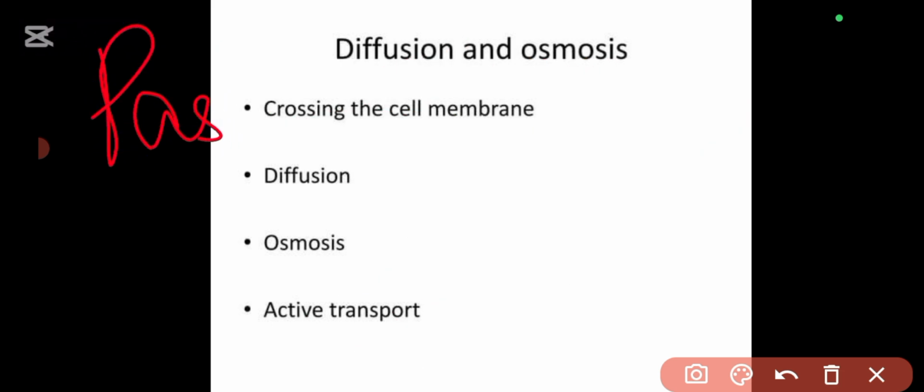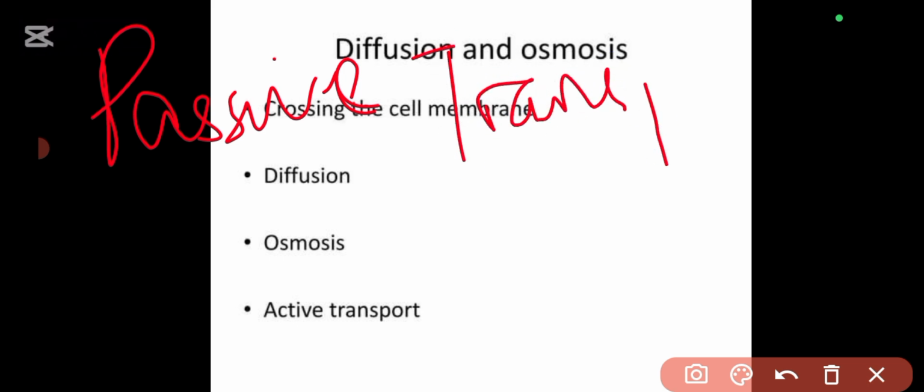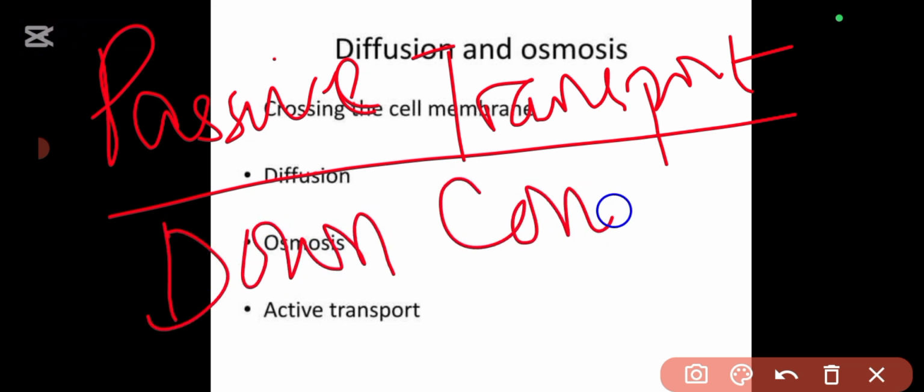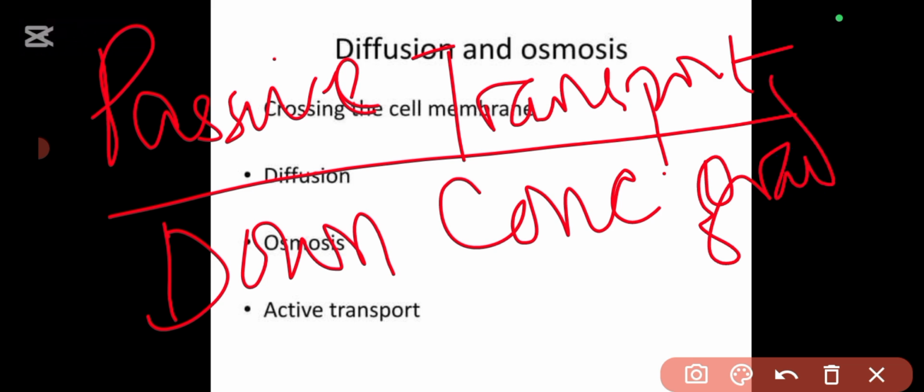The second one is passive transport. To become clearer, passive transport is the direct opposite of active transport. In passive transport, substances move down a concentration gradient, such that substances begin to move from where they are highly concentrated to where they have low concentration.